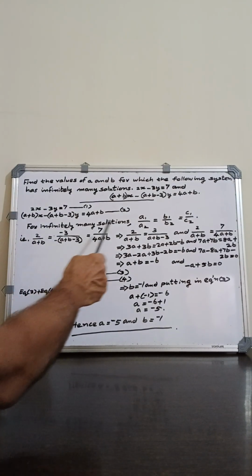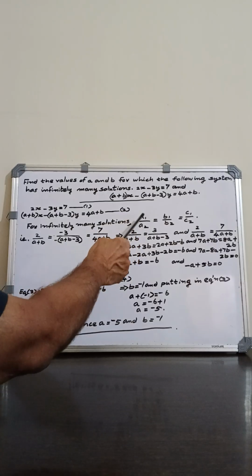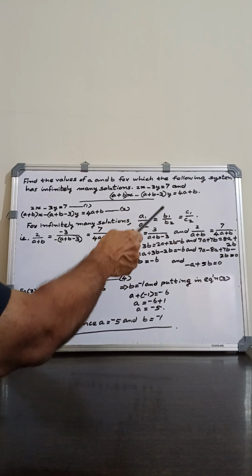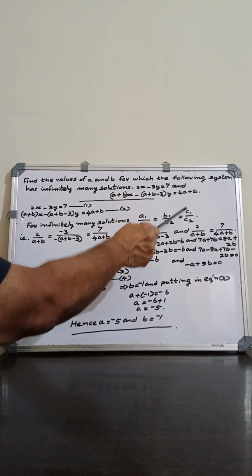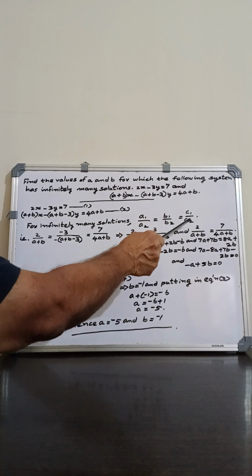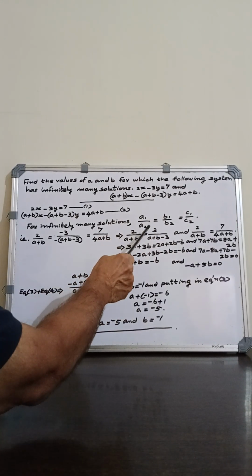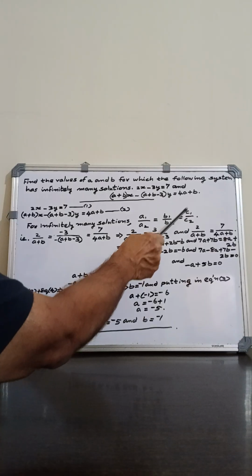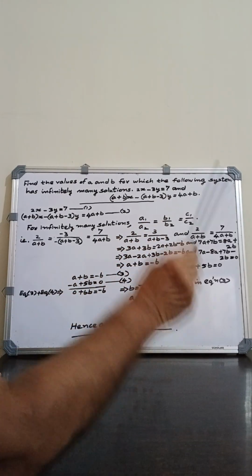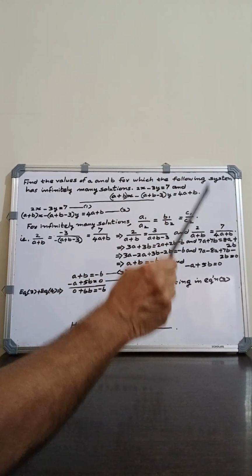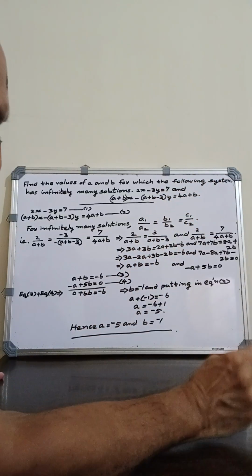For infinitely many solutions, the condition is that a1 by a2 equals b1 by b2 equals c1 by c2. In the given system, if a1 by a2 equals b1 by b2 equals c1 by c2, then the system has infinitely many solutions.